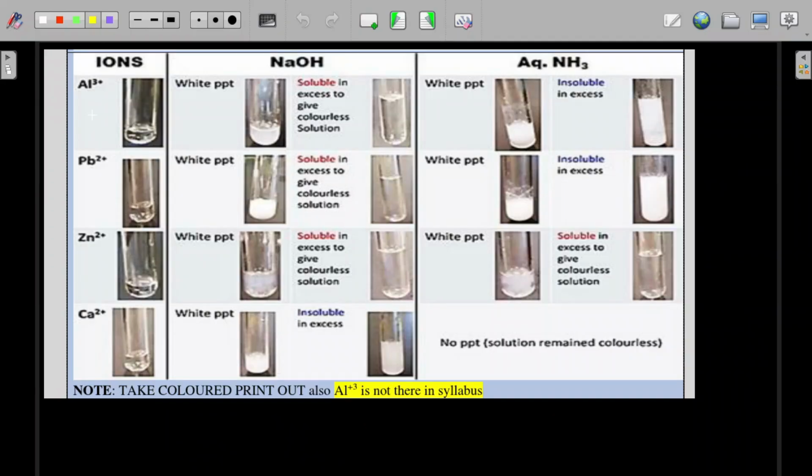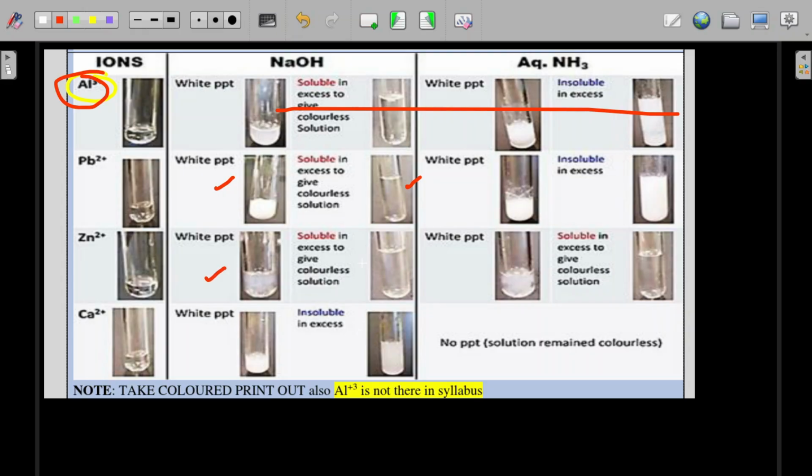Okay, here leave the aluminium part. Come to lead, zinc, and calcium, and see whatever I have just told you. It is the image of that. Initially, when you take lead with sodium hydroxide solution, you will get a chalky white PPT, which is soluble in excess, and when it dissolves, it will give you colorless solution.